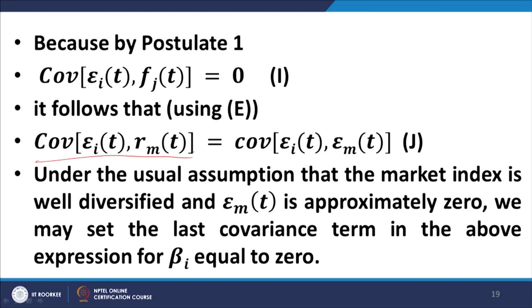Now, under the usual assumption that the market index is well diversified, we can assume, as a very good approximation, that epsilon_mt is approximately 0, and therefore, this term, the covariance of epsilon_it and R_mt, ends up being equal to 0 on the premise of equation number i, and the mandate that the idiosyncratic risk of the market portfolio is 0.